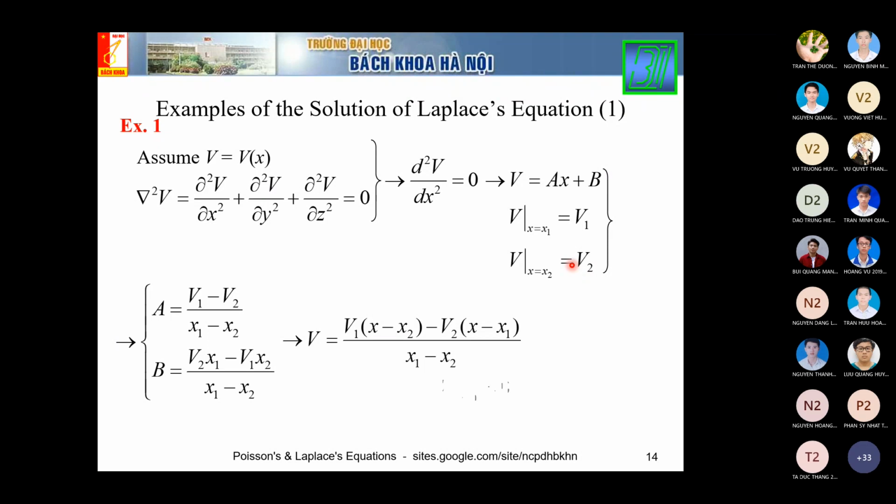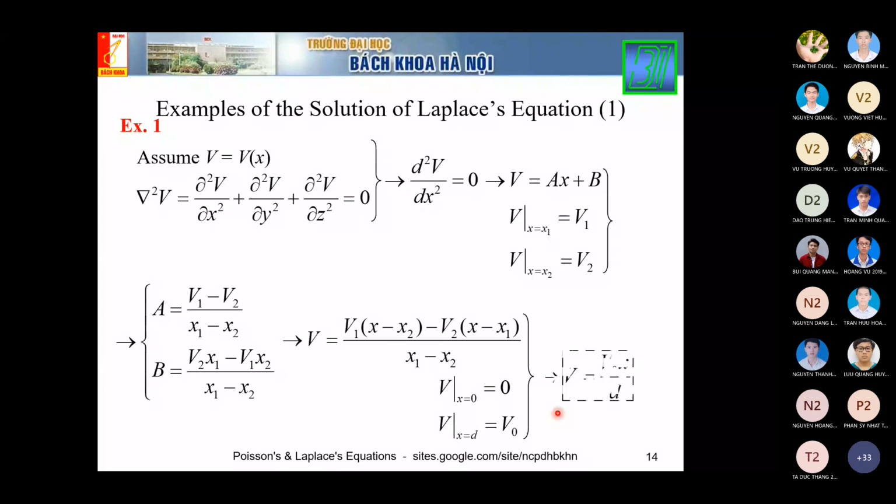In many cases, we can suppose that at some given position, the potential is 0, and without loss of generality, we can suppose that at the position x equals 0, the potential field is 0. And at the second position, say D, for example, the potential field is V0.